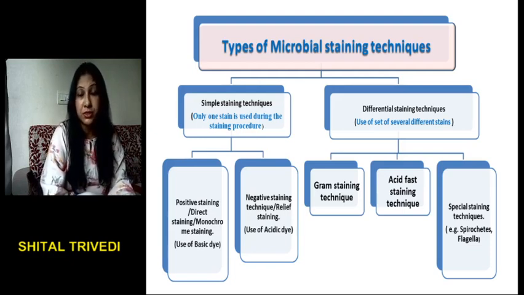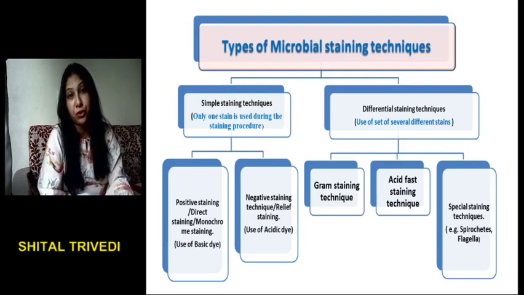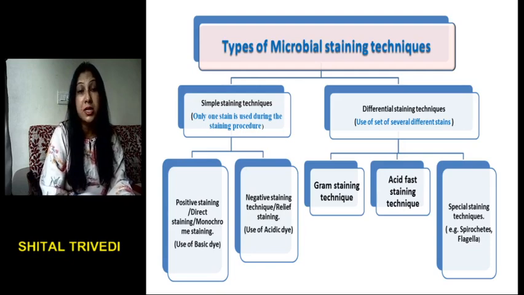The simple technique is generally used to identify the basic morphological characteristics of microorganisms, whereas the differential staining technique is used to differentiate organisms and to study the spatial structure of microorganisms like flagella or spores, or spirochete type organisms.